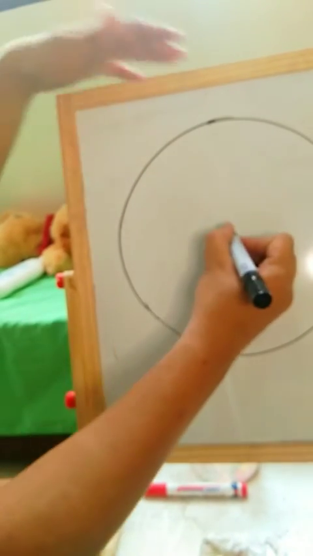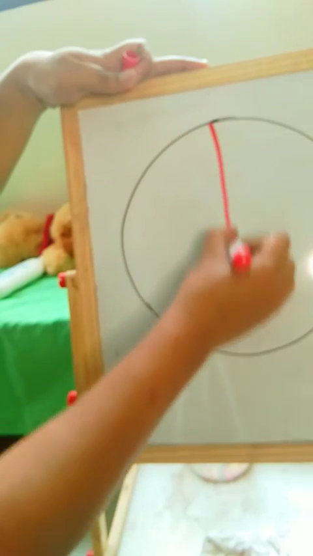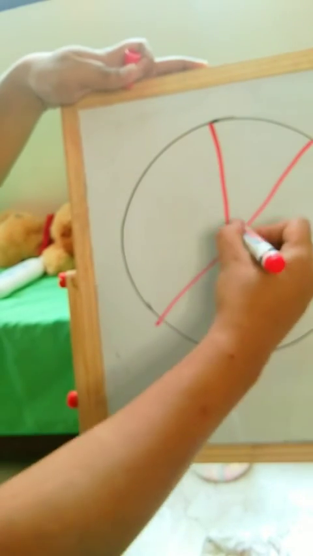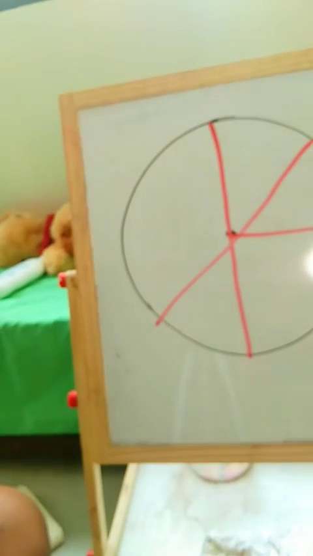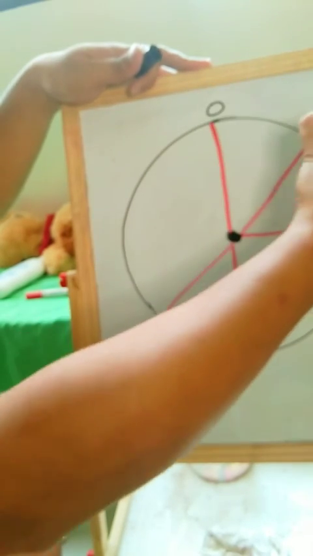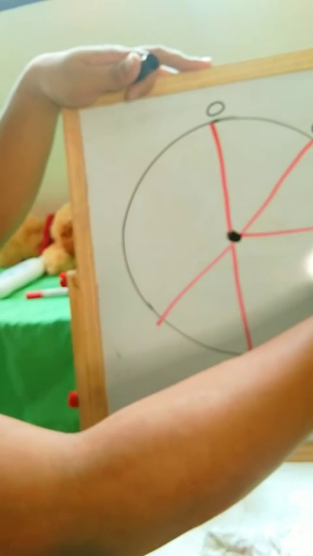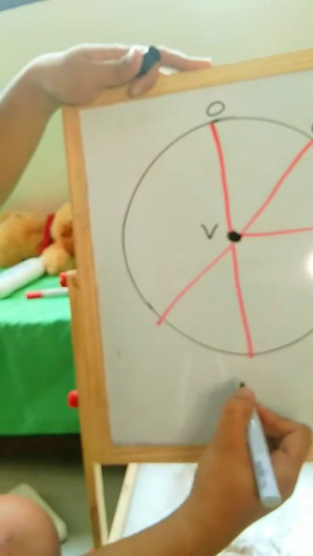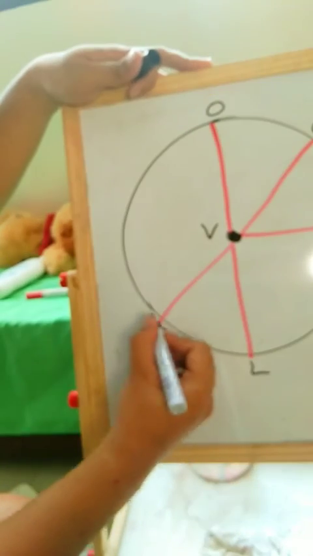Okay. So, let's have this. Red marker naman to, para lang kakaiba yung kulay. Let's have this point O, A, C, A, and L, and S. Okay.